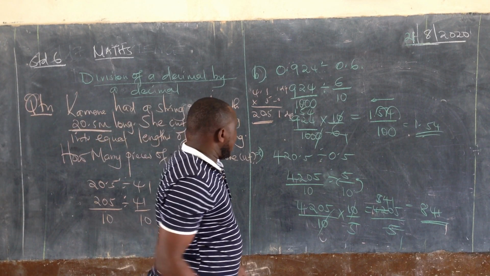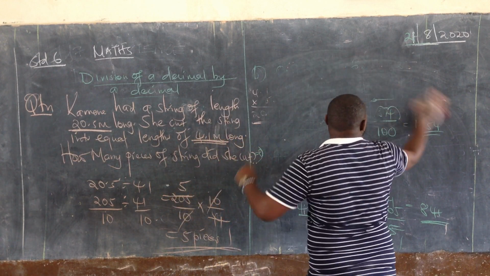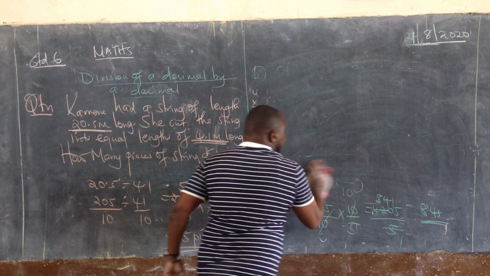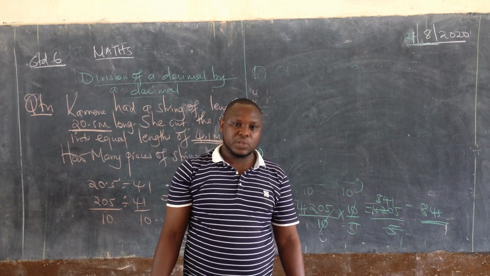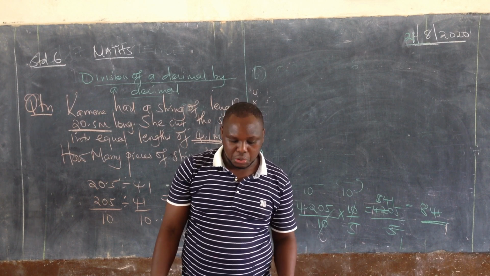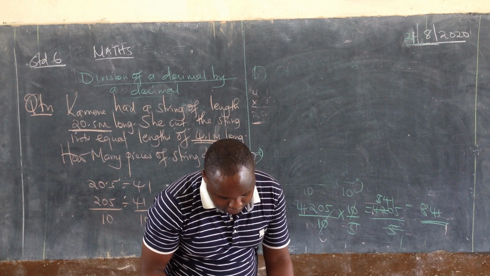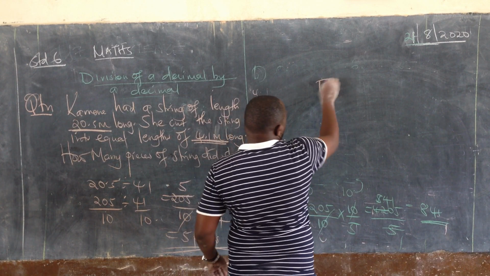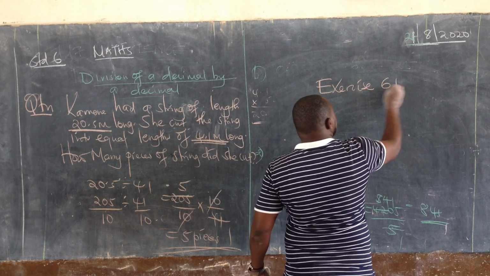So I want to leave you with work. I want to leave you with an assignment. And as usual, we are going to get a paper on Saturday, which is tomorrow. So I will give you exercise 61.